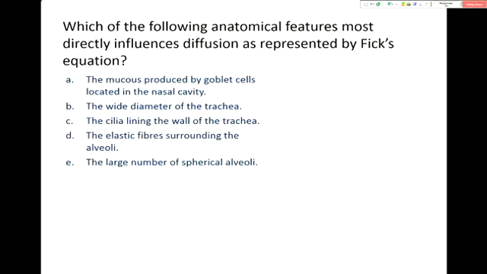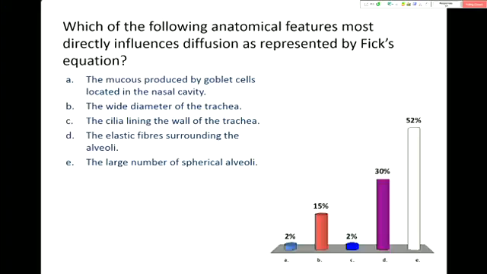My reckoning is that this is relatively straightforward. Let's see if you thought that, which is after all the most relevant. Okay, not as straightforward as I thought. Fick equation we did yesterday.